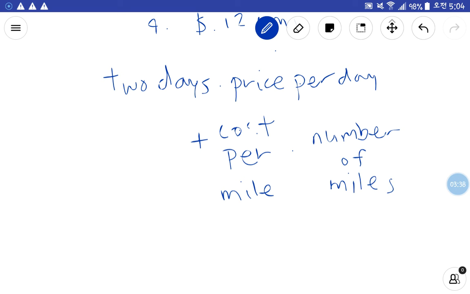It should be the same as the total cost, which is $70.46.